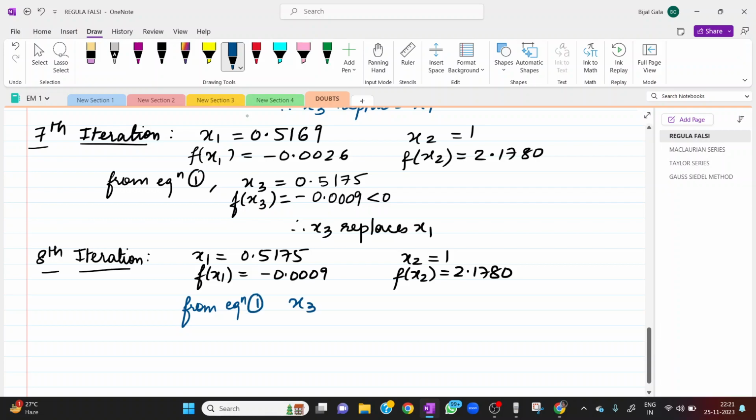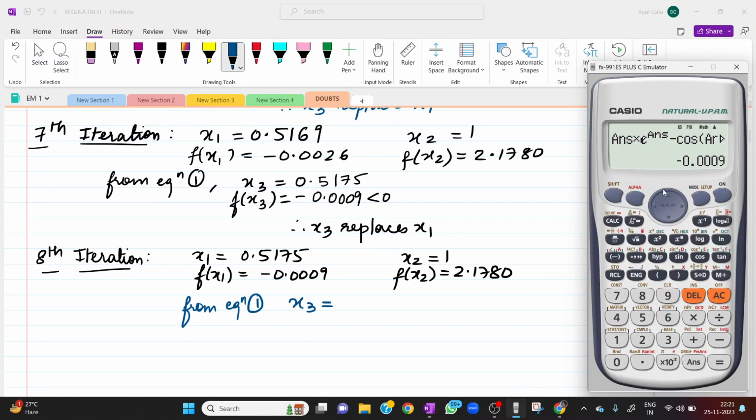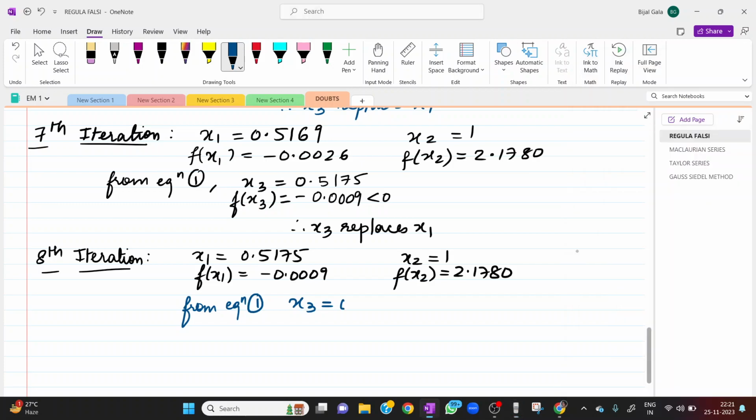I'll have x3 is equal to, let's use the calculator history. So let's replace this by 0.0009. Again, in the numerator, I'll replace by 0.0009. And here, this will be replaced by 75. So 0.5177.